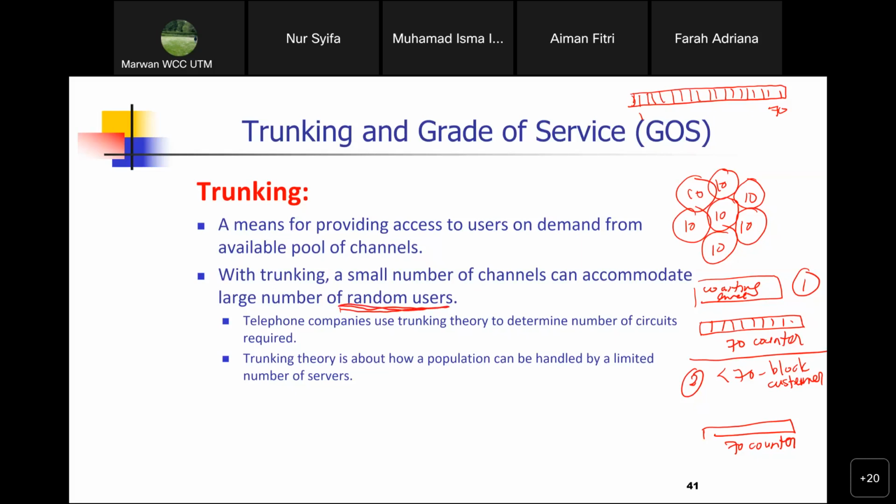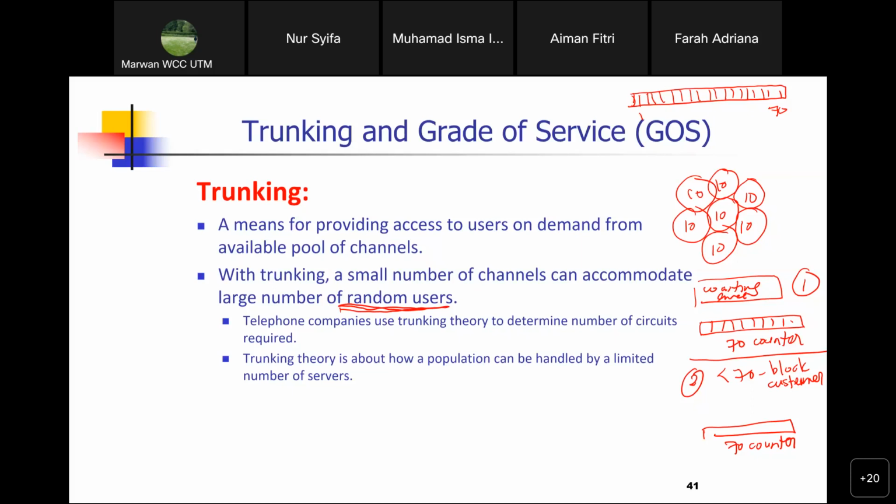The arrival of the users, customers or subscribers, towards the usage of the channel is random. And because of that, by creating some degradation in service, either blocking or asking them to wait, we can actually serve more than the available channels.